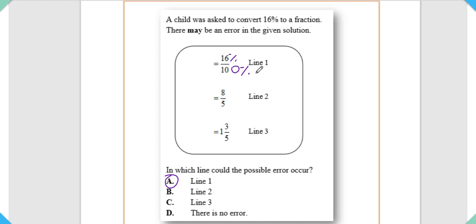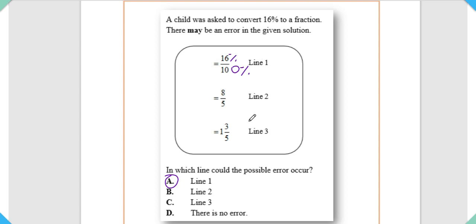This should be 100. Now, if you don't know how to convert percentages to fractions, you might not know. But here's the thing. In looking at the calculations in line 2 and the calculation in line 3, we can see that they are correctly done based on the information in line 1.